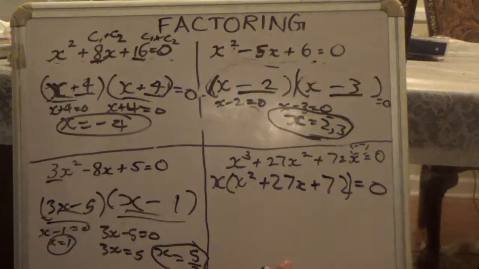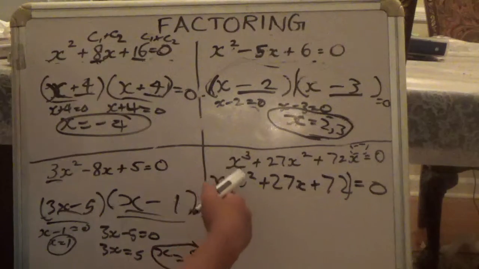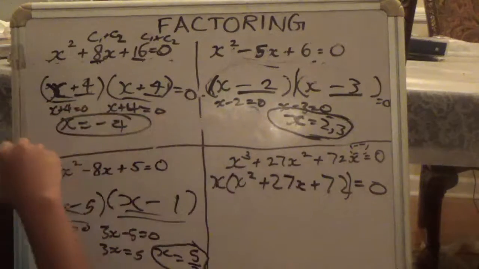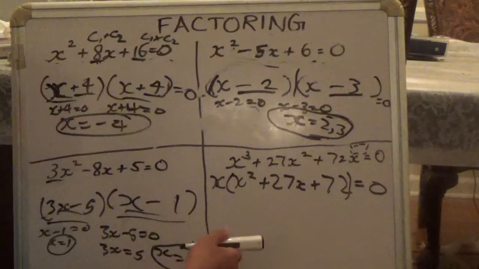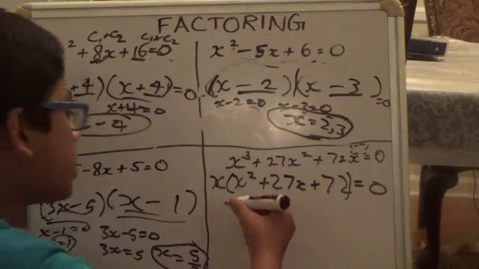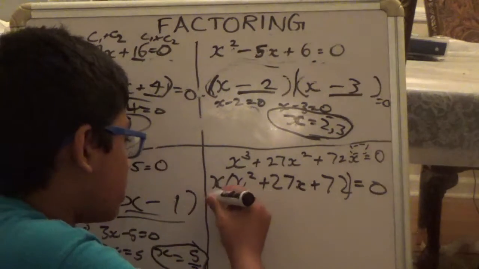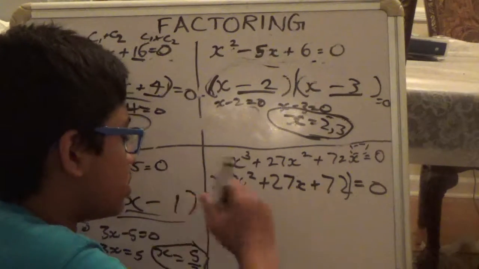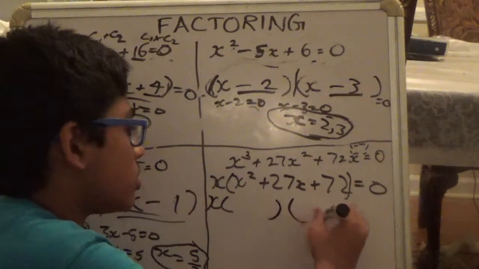So we just found a trick here. Whenever we have a cubic and there's no constant, we could just factor an x and turn it into a quadratic, as we did here. You see? That's just one part of the way down. We still have a couple to go.